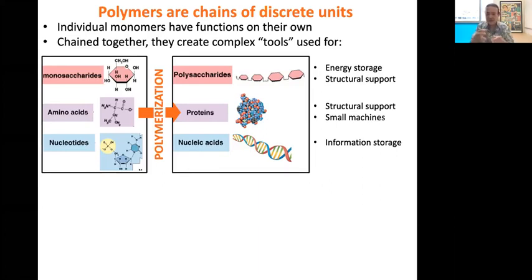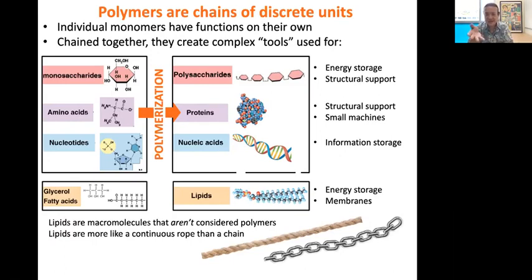Nucleotides, the bottom one here, right, they are chained together to form nucleic acids like DNA and RNA. And this is very useful as information storage. In other words, the particular pattern, right, or the particular code of what nucleotides are coming together can be a way of maintaining information that can be used later.